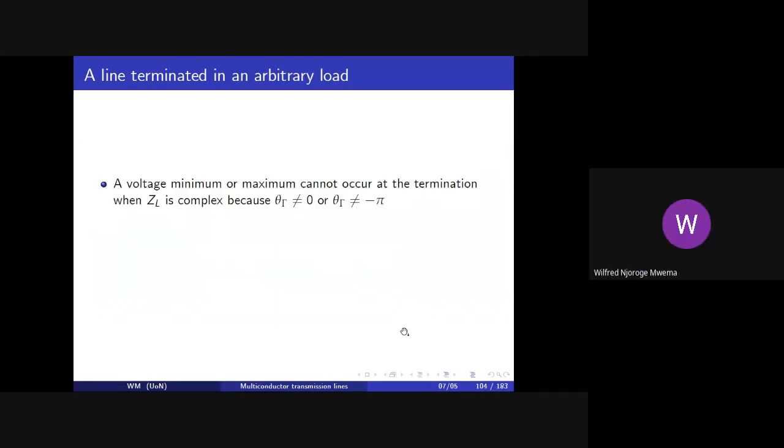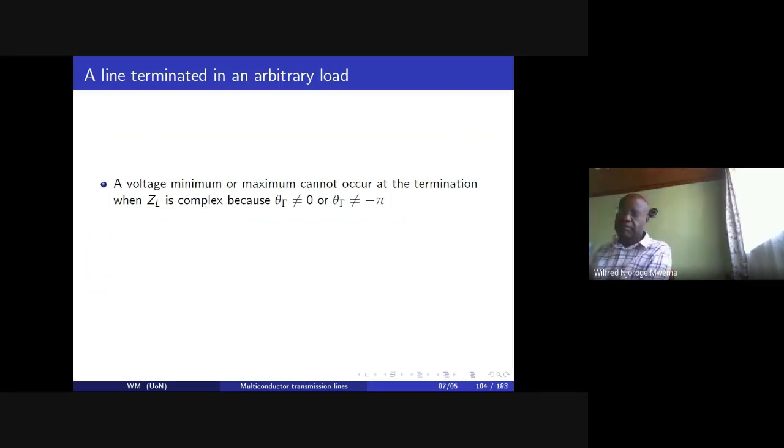Now, if the load is arbitrary, by arbitrary we mean it's going to be a complex load rather than resistive, then a voltage minimum or a maximum cannot occur at the termination of the line.